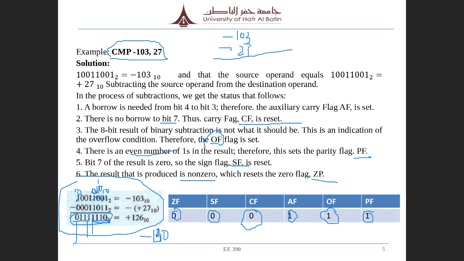Okay, I'm doing it here. 130 divided by 2 becomes 65, remainder is 0. Divided by 2, it becomes 32, remainder is 1.